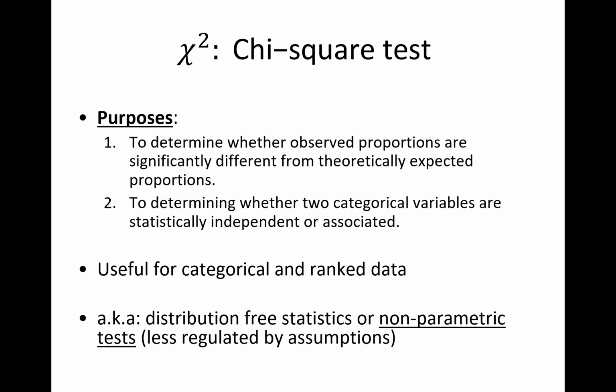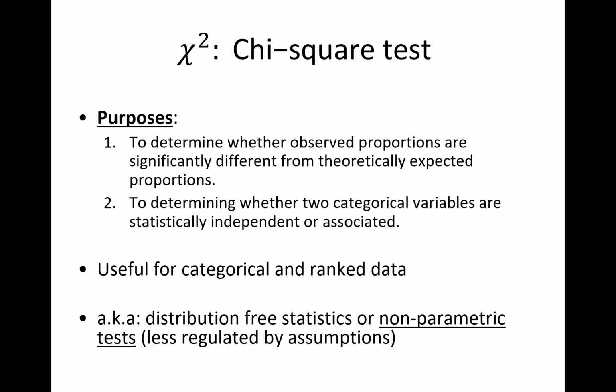One is what's called the goodness of fit test, which is to determine whether observed proportions in a single variable, so in a categorical variable, significantly differ from theoretically expected proportions.